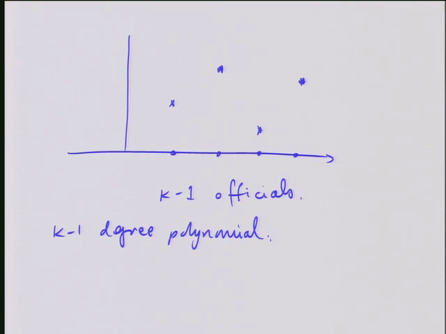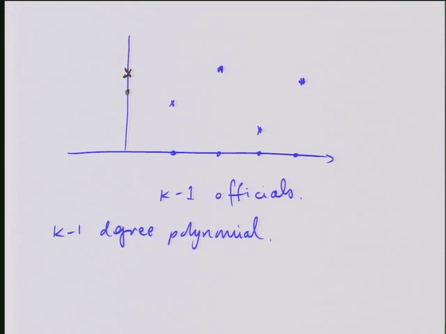So which one should we choose? Yeah, let's choose the value at 0. So let's choose the value at 0 to be that. What do we know about the polynomial of degree at most k-1 that goes through all these points? How many such polynomials are there? There's exactly one, right? How about if we changed our mind and said, that's not a good point, let's shift it over here.